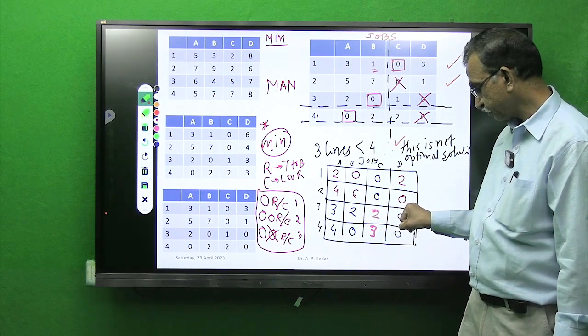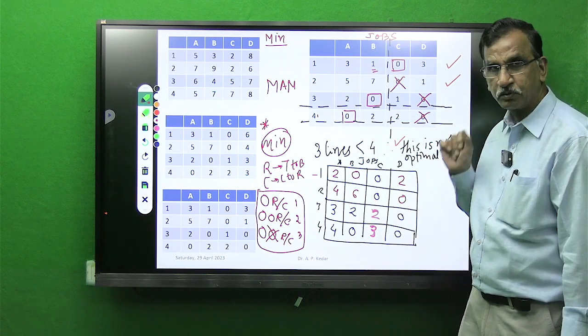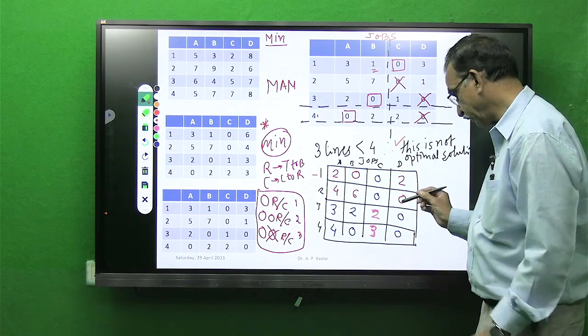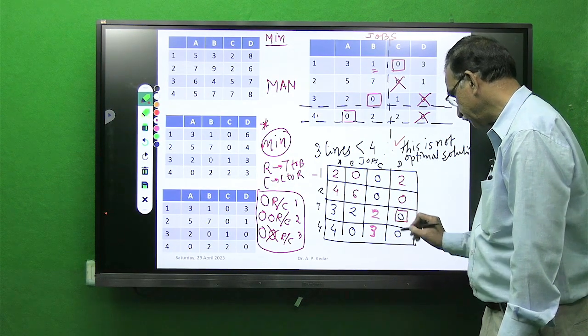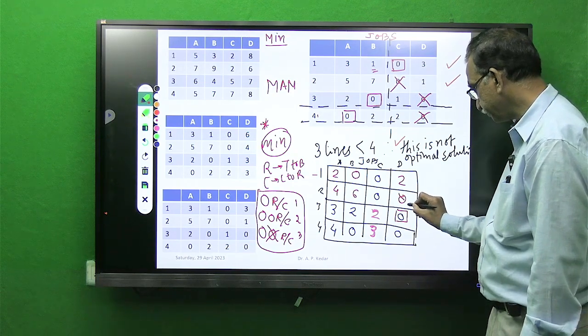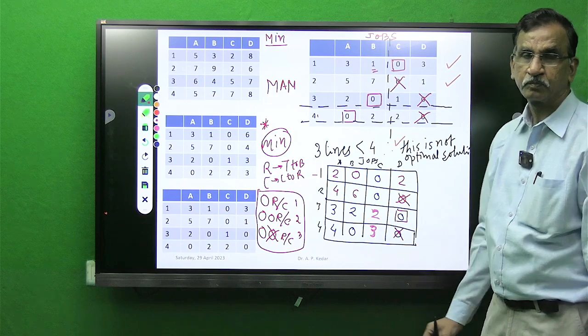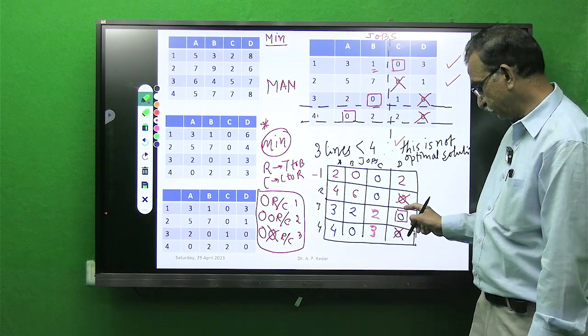Third row: yes, there is a single zero. So we will follow this rule and we will assign like this, and cross off the zeros of the related column. This is done.